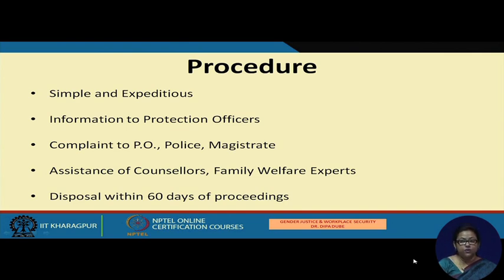So, it tries to establish a very friendly and supportive process, and every person created under it, such as the protection officers, is supposed to provide the necessary care and assistance to the woman on her way towards seeking justice.